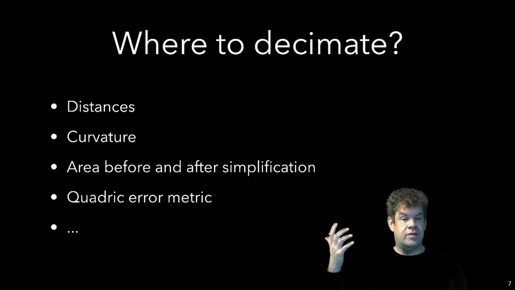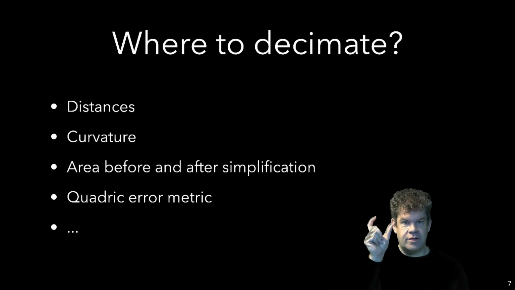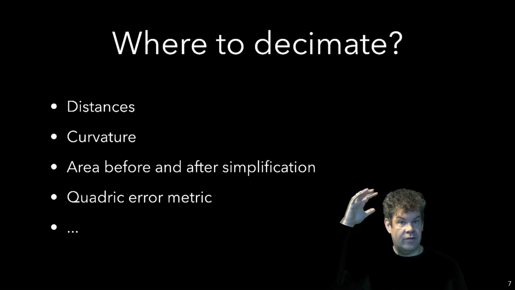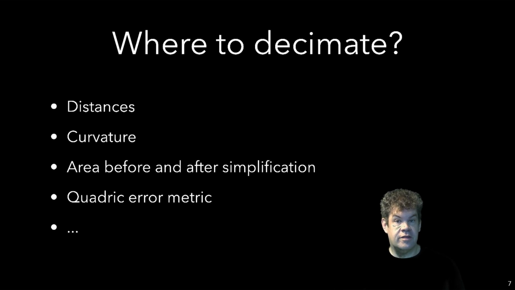So there are certain distances that we can look at. How far is something away? I've covered a few of those distances on the previous slide, like the distance in terms of angular distance or distance in terms of actual Euclidean distance. We can also look at the curvature right away. How curved was something before, how curved is it afterwards? However, again, a warning here: curvature, even though it sounds very intuitive, is actually not that simple to define.